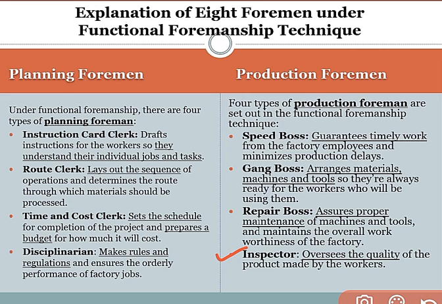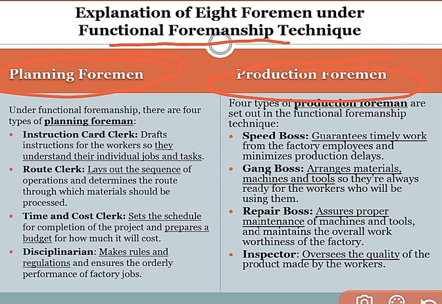Right. So basically, these are the basic categorization of the functional foremanship structure, that is planning foreman and production foreman, and both the planning and production foremen are under the supervision of a single boss, that is the factory manager, right?